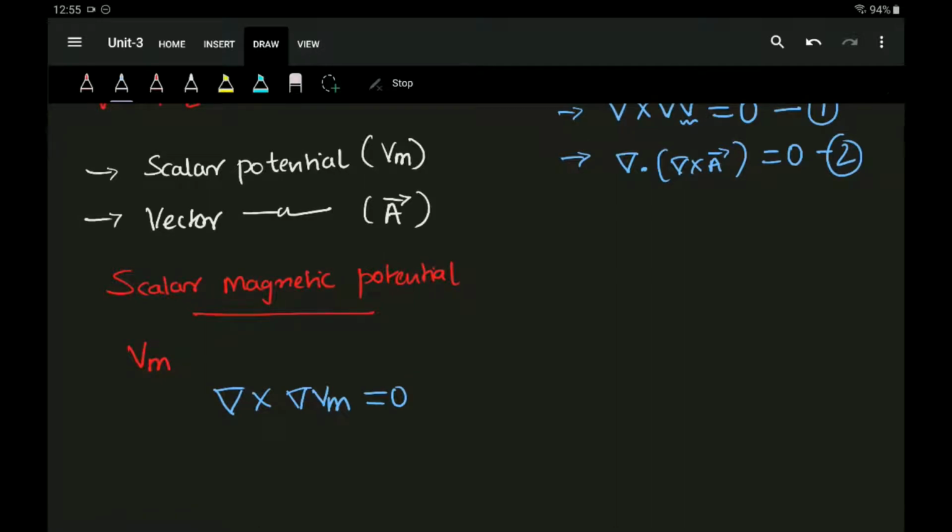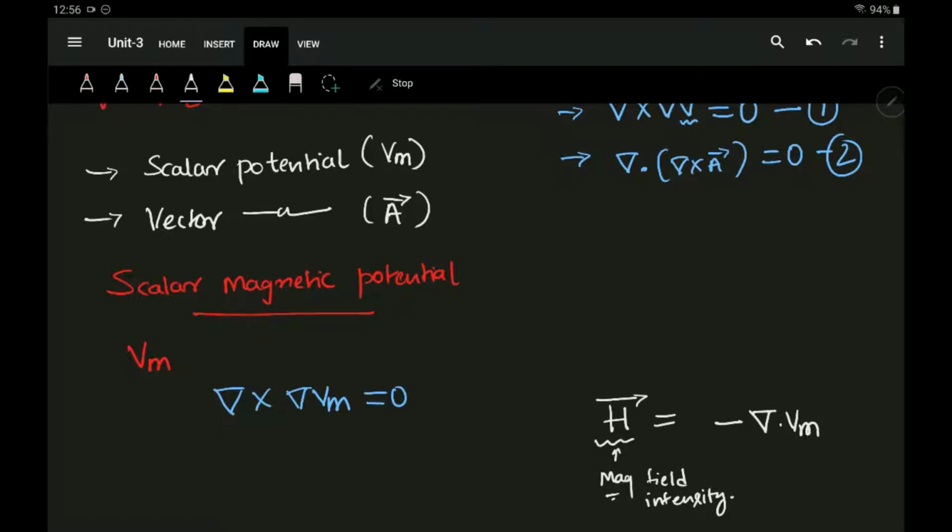In a similar way to electric potential, there exists a relation between the scalar magnetic potential and my magnetic field intensity. That relation I can specify here: the magnetic field intensity H can be written as minus the gradient of the scalar magnetic potential Vm.